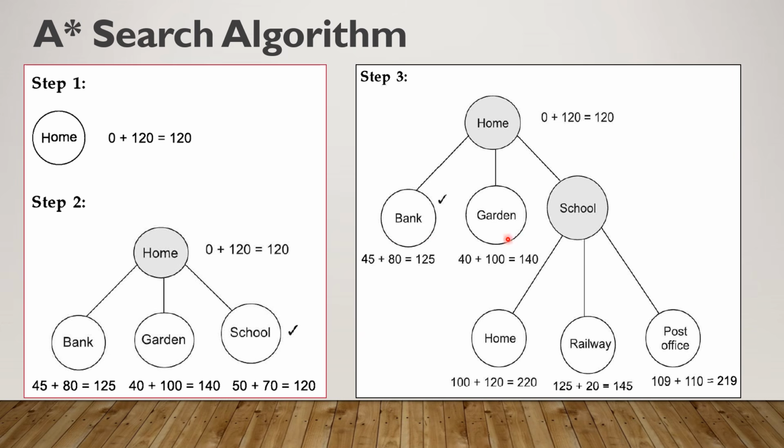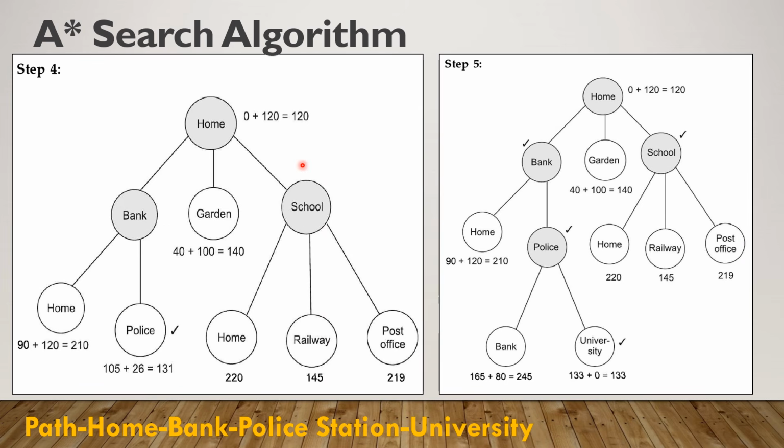We consider all the leaf nodes, and the leaf node with the least f of n value, that path is further expanded. Now bank has the lowest f of n value, 125, compared to the remaining leaf nodes. So now home to bank, that path can be expanded. Bank is connected with home and with police station.